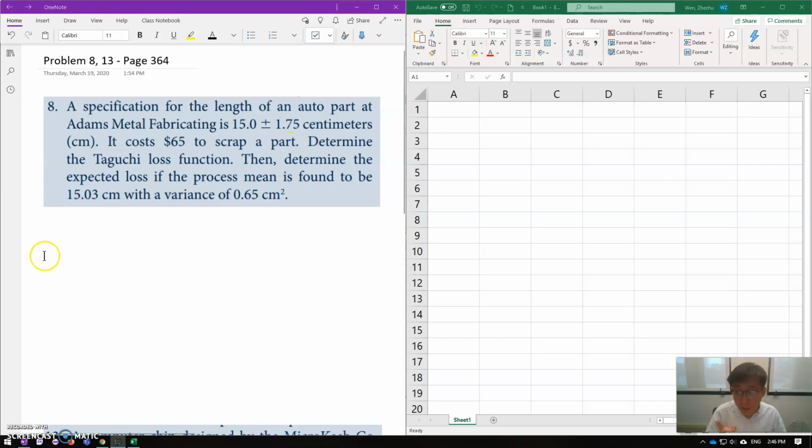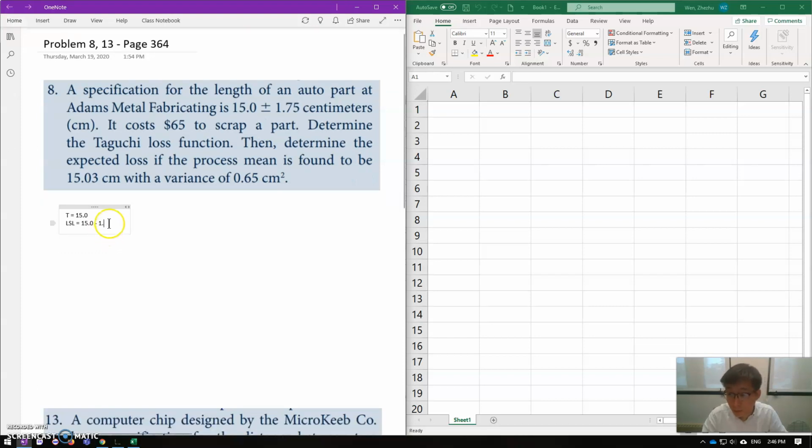Okay, so in part A's case, T is equal to 15.0. That is our quality dimension target. Your lower spec limit is 15.0 minus 1.75, and your upper specification limit is 15.0 plus 1.75.